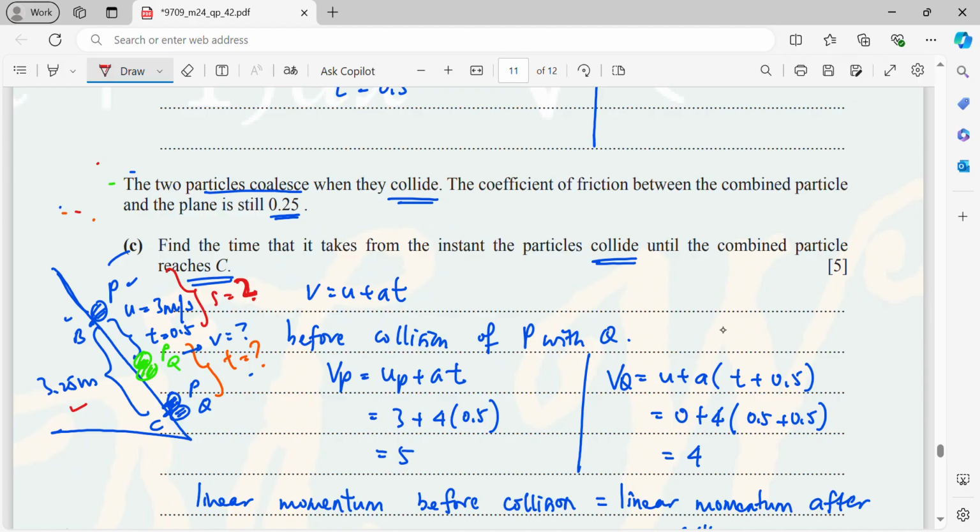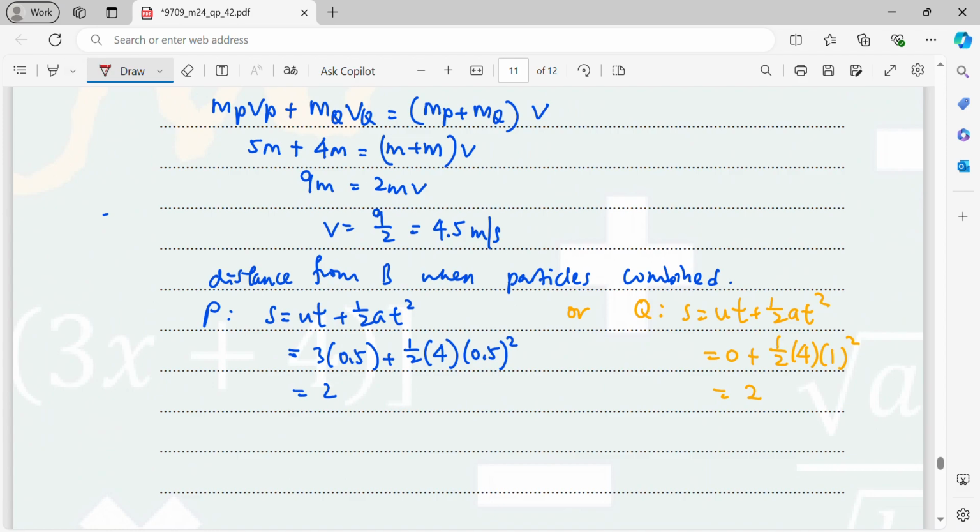So if the S is 2, I know the remaining distance. It will be 1.25 then. So the remaining distance from collision to C is 3.25 minus 2, that is 1.25 meters.